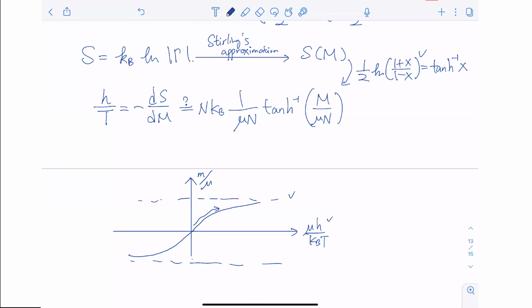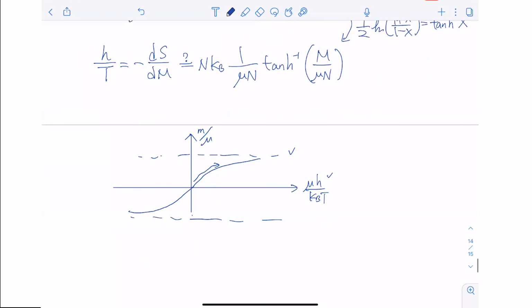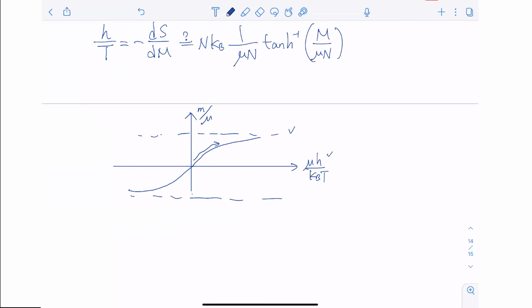And of course, you can change the direction of your external field, then you will be saturated at the -1 value. So that's a simple example, and you can also calculate more if you want to. There are some other derivatives you can take with respect to the entropy.